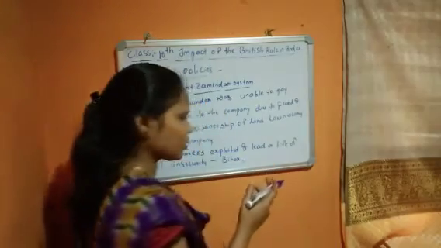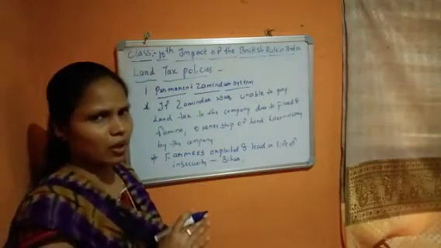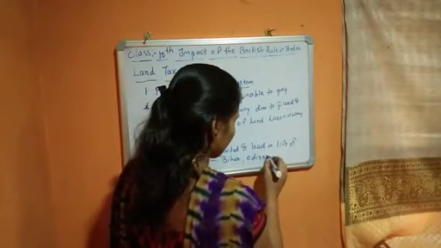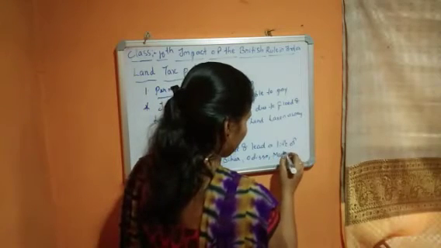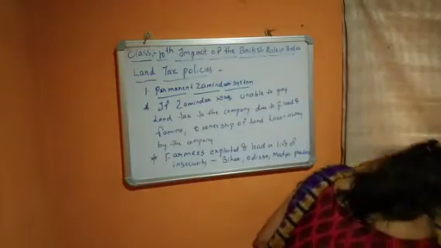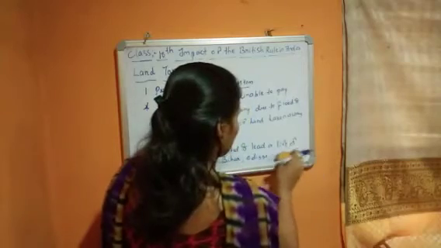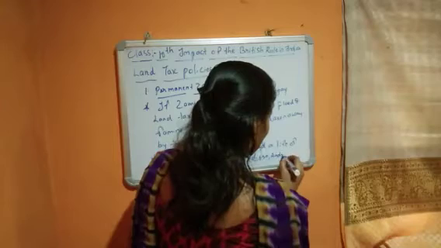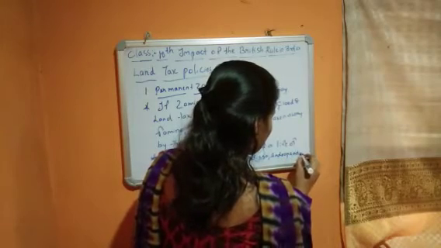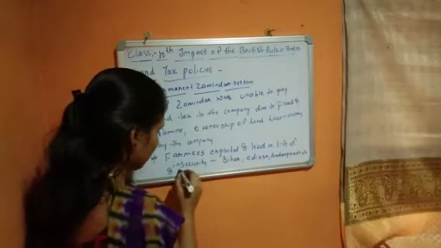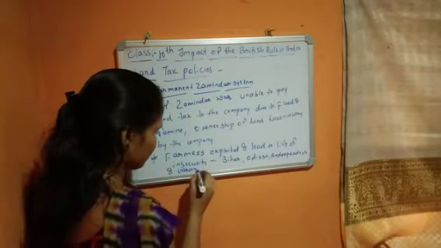First it was implemented in the Bengal province, then Bihar, then Odisha, then Andhra Pradesh, and Varanasi regions.